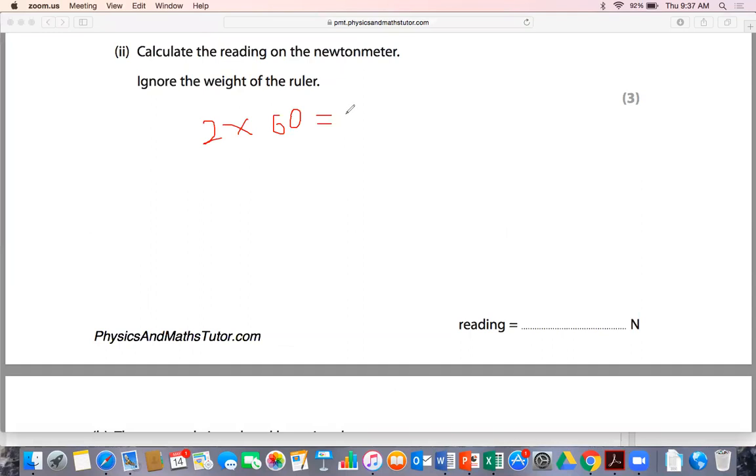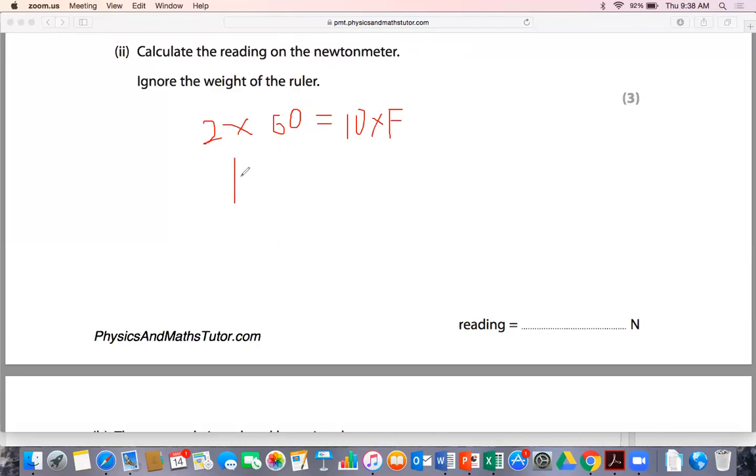That equals the distance 10 times whatever force is on the Newton meter. Because anti-clockwise moment equals clockwise moment, because they are now balanced.